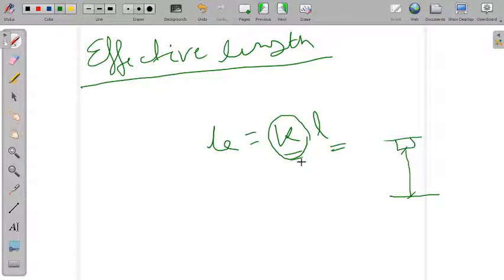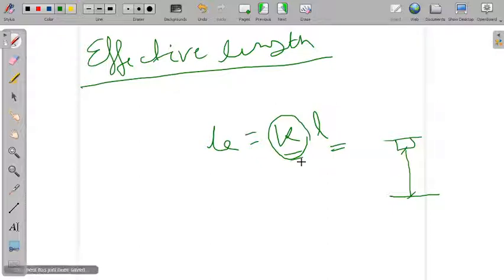On the other hand, when the relative transverse displacement between the upper and lower ends of a column is not prevented, the frame is said to be unbraced against sideway.